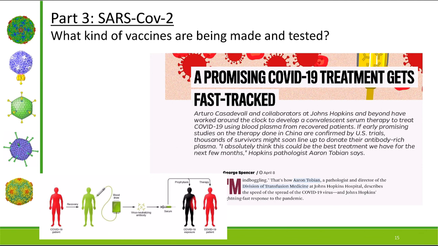This is a journal article, but it was nicely written, and it's from Johns Hopkins, who have a lot of really good resources in addition to the map that we keep checking out. One of the things they're trying to do in this clinical trial is take these COVID-19 patients who have recovered.